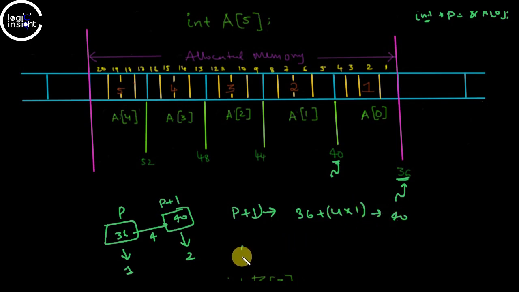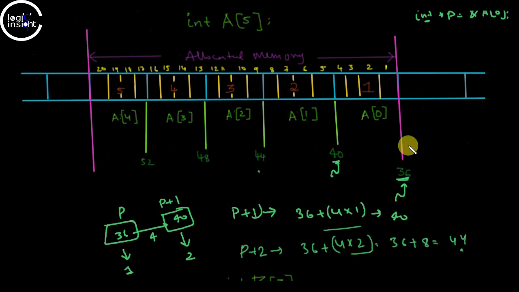If I say pointer plus 2, then you can see 36 plus 4 into 2, which means 36 plus 8, which refers to 44. You can check here. So whenever we add 1, 2, 3, internally this happens, so that we can traverse element by element. We don't care what this address or this address or this address is.